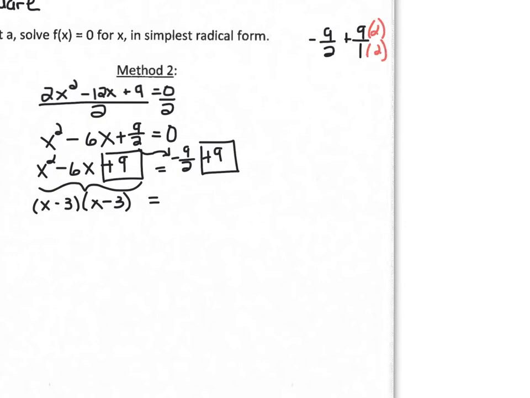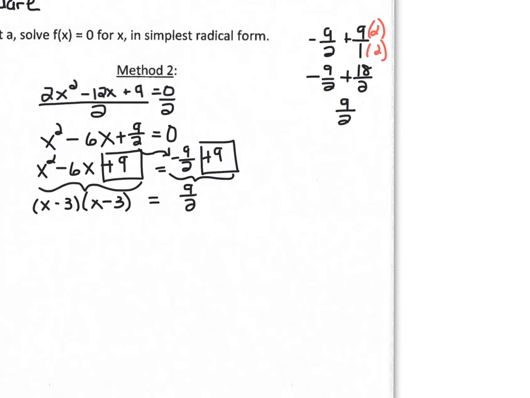So that'll give me negative 9 halves plus 18 halves. Okay, just multiply the top, multiply the bottom. All right, so negative 9 plus 18 is positive 9. And then keep the common denominator of 2. Okay, so that's what I get when I add these together. I get 9 halves.